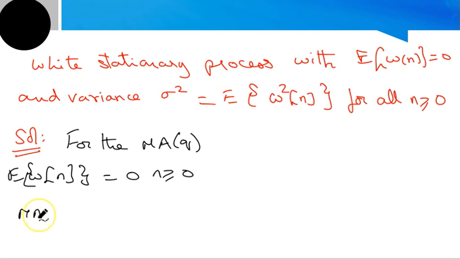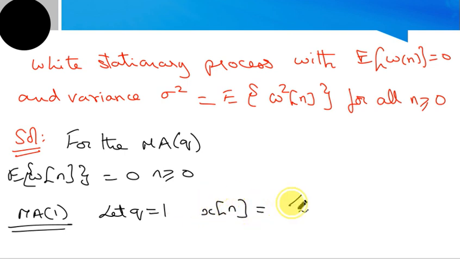So now let me start calculating MA of 1. Here q is equal to 1. So my x of n is summation k equal to 0 to q bk w of n minus k.